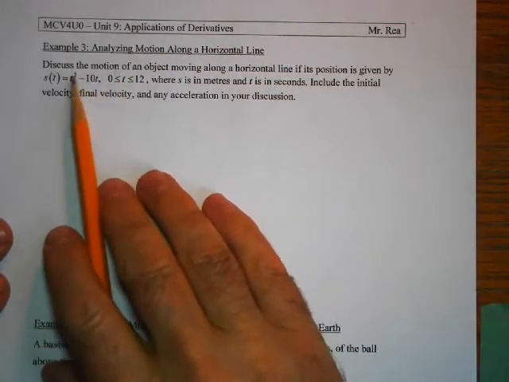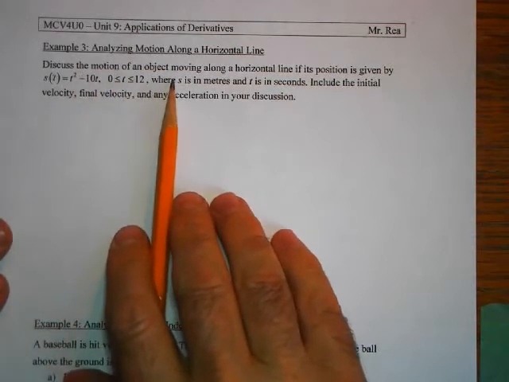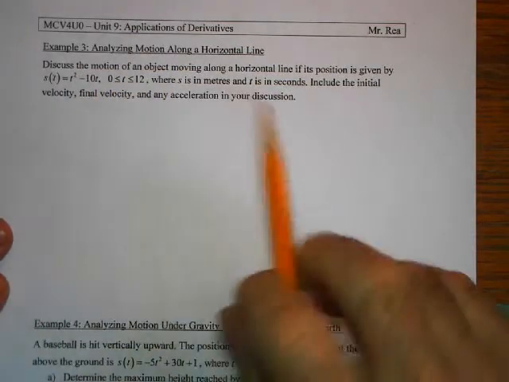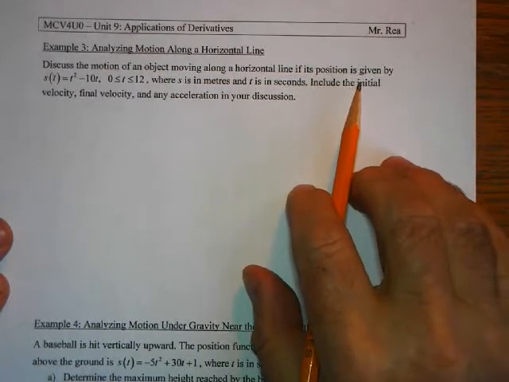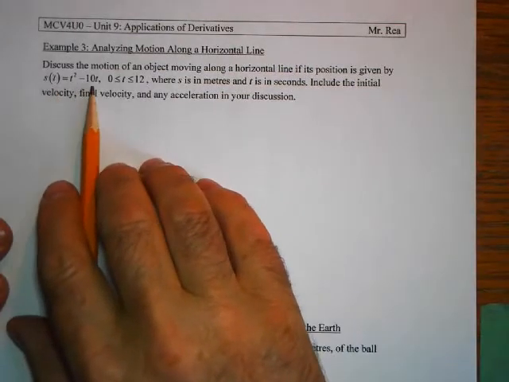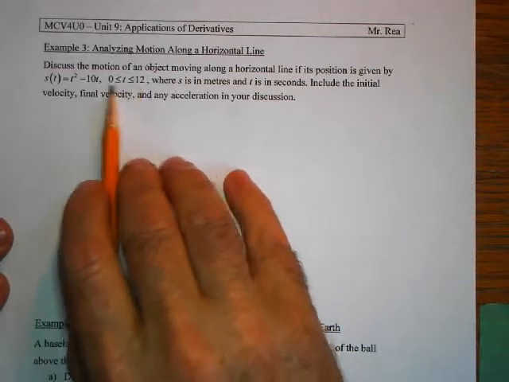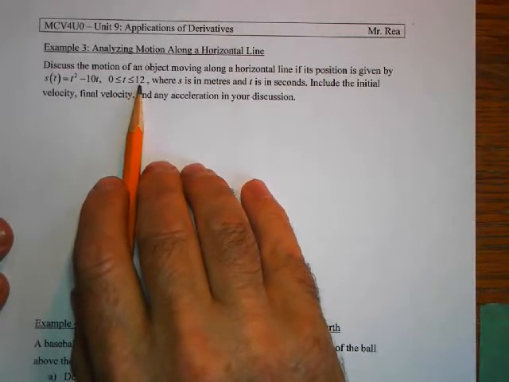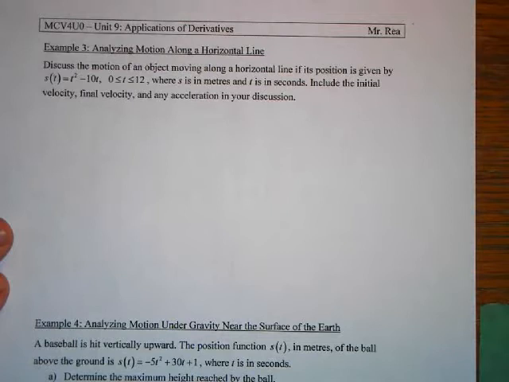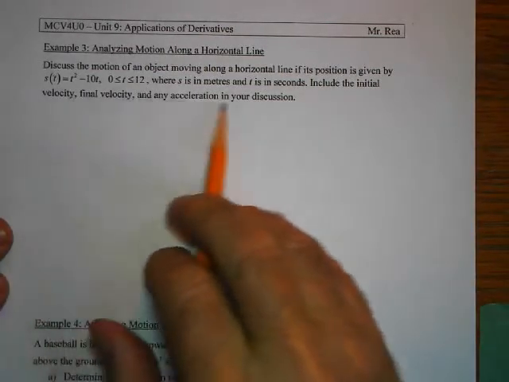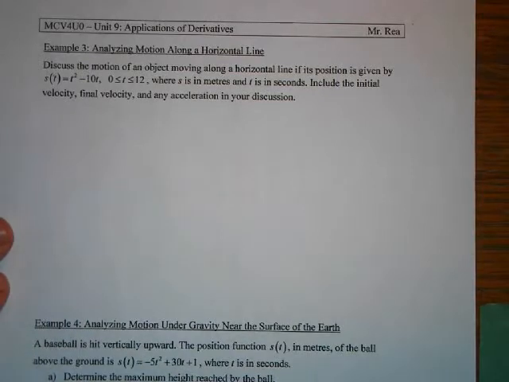It says discuss the motion of an object moving along a horizontal line if its position is given by s of t equals t squared minus 10t, and we're only looking at the interval of time from 0 to 12 seconds. s is measured in meters and t is in seconds. Include the initial velocity, so at least it's giving us a little bit of a guideline. Include the initial velocity, final velocity, and then acceleration in your discussion.